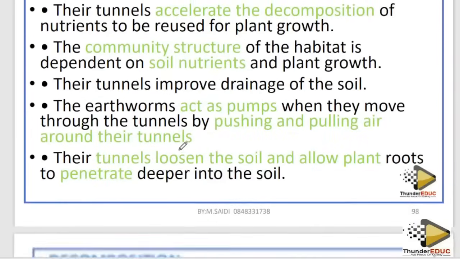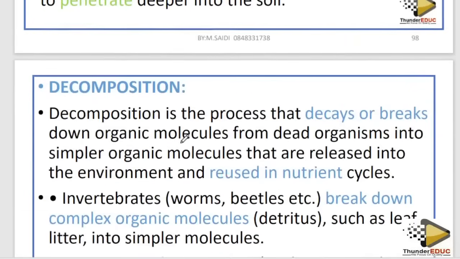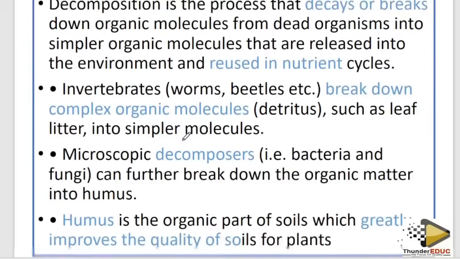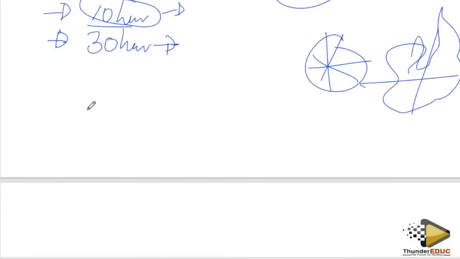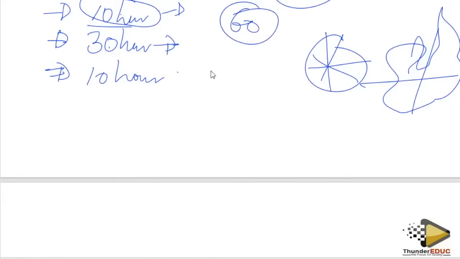They're very important for aeration of the soil, decomposition. I've taught you this, and then there is a topic. What are you supposed to focus on? Photosynthesis. Because this is a small topic, put 10 hours. So now I have 10, meaning that now I have 60 hours.